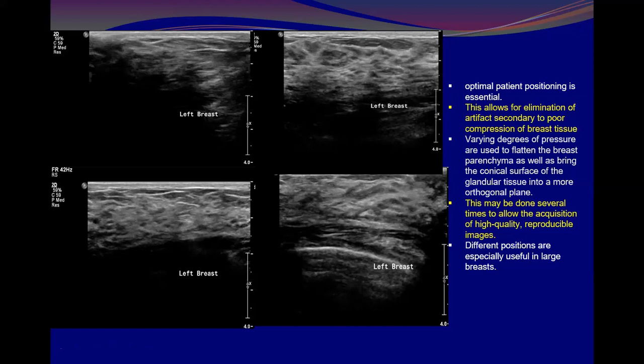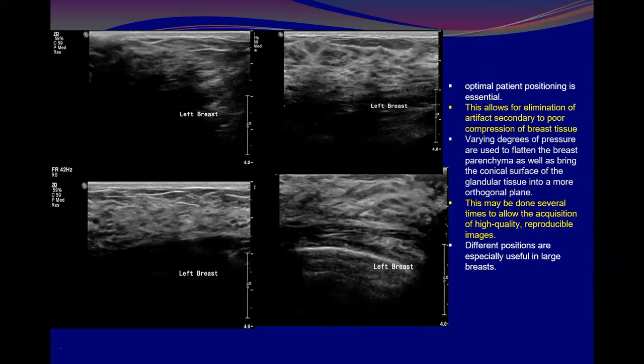Here, the patient position is optimized. That is why this artifact is eliminated. And here we could see the posterior breast much better than we could see it here. All these artifacts were due to improper patient positions.